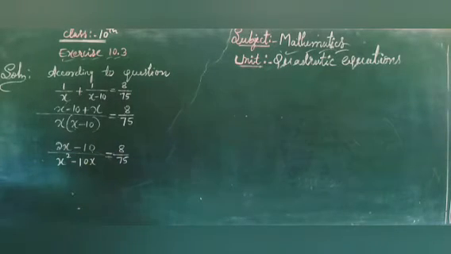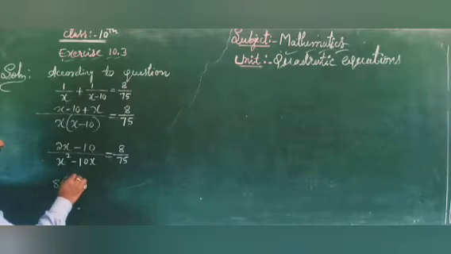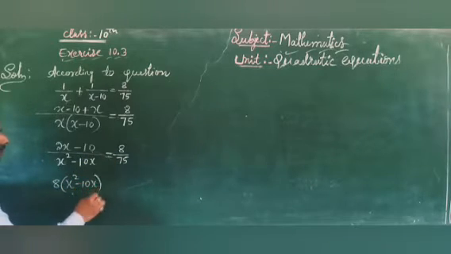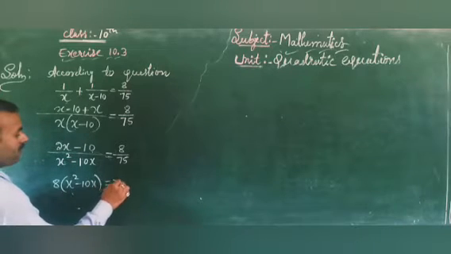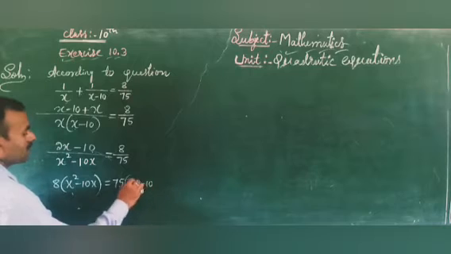Taking cross multiplication, 8 into x square minus 10x equals 75 into 2x minus 10.